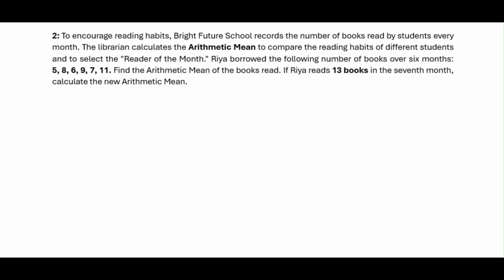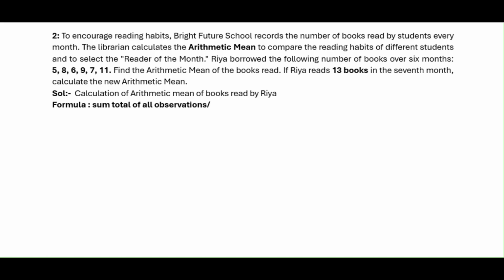For this, let us start with the solution here. Calculation of the arithmetic mean of the books read by Ria. The formula for calculation is the sum total of all the observations divided by the number of observations.